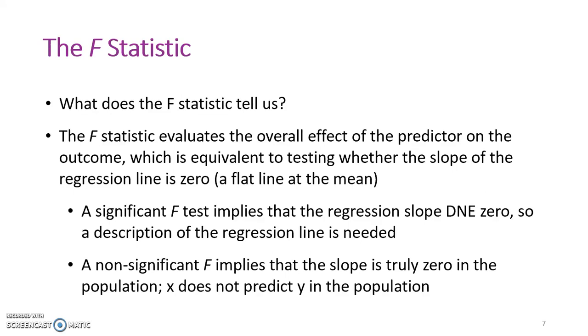So a significant F test implies that the regression slope is not equal to 0, and so we need some description of the regression line. Essentially, we need to incorporate the predictor, x, into our model of y, because it's influencing that regression line in some way. A non-significant F implies that the slope is truly 0 in the population, or that x does not predict y in the population.